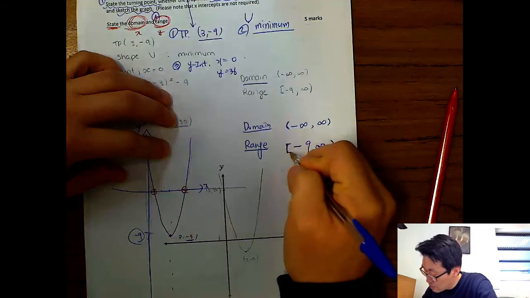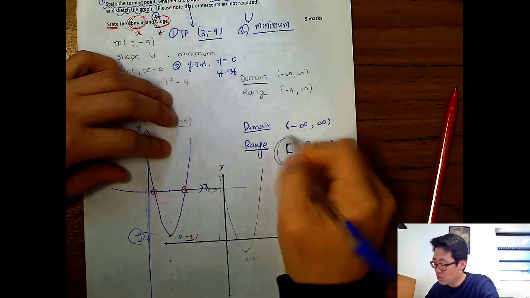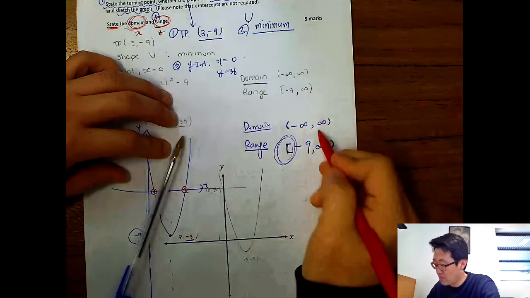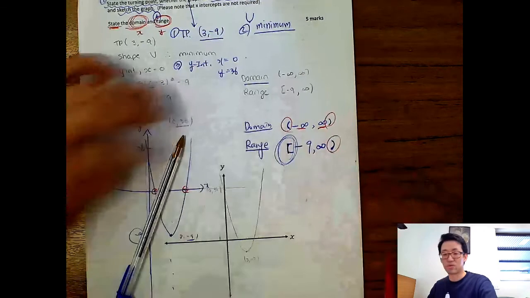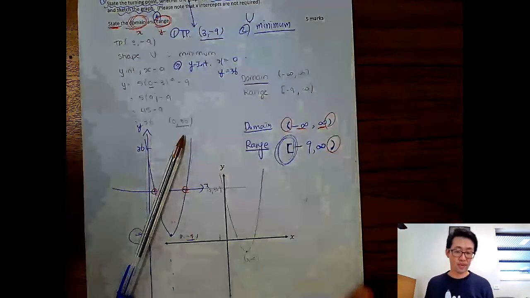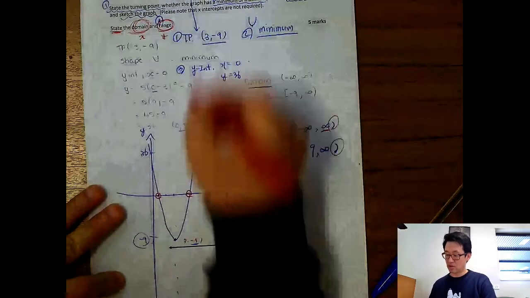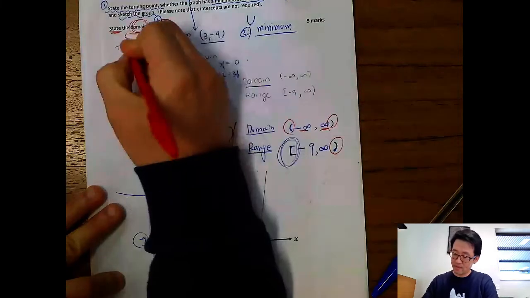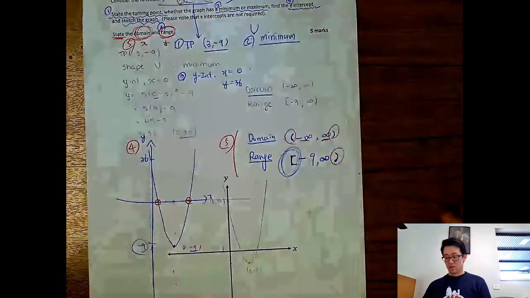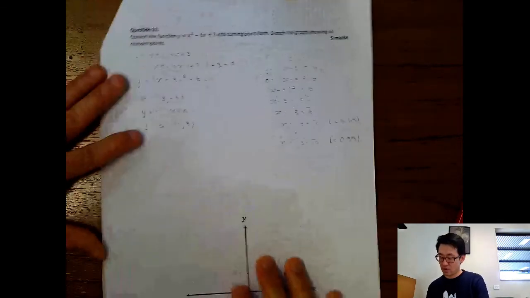So when you have an exact number, you have to use the include bracket. When you have negative or positive infinity, you use the exclude bracket. That makes sense? Okay, so we've done the whole thing: 1, 2, 3, 4, and then 5. You guys happy with that? Make sure you cover the whole thing. Okay? Question 11.